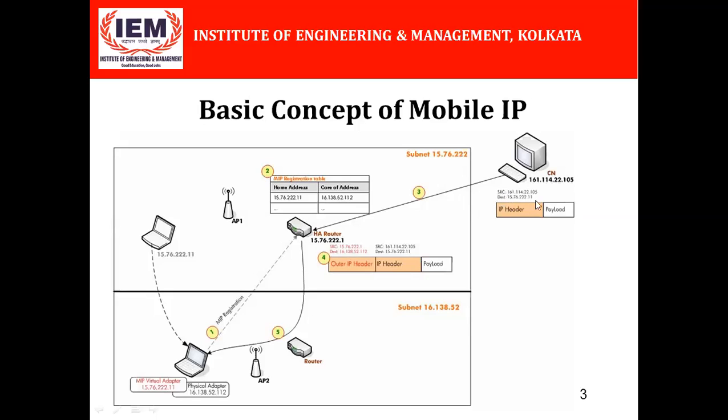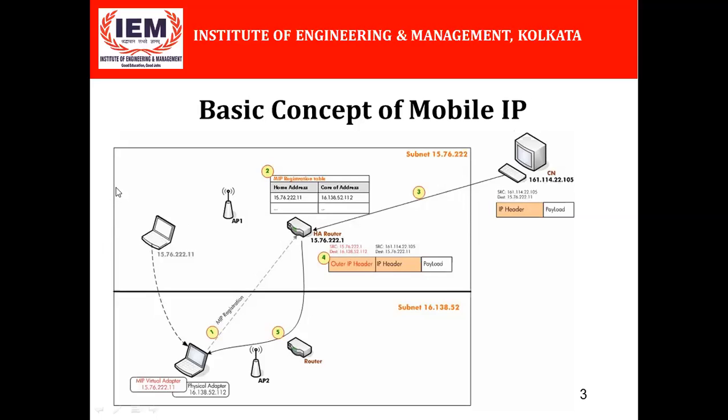The destination address is found to be 15.76.222.11. Who is this address holder? That is our mobile node. The mobile node's home location address is the destination address. That means the corresponding node wants to communicate with this mobile node.